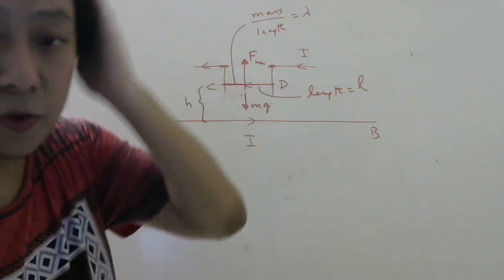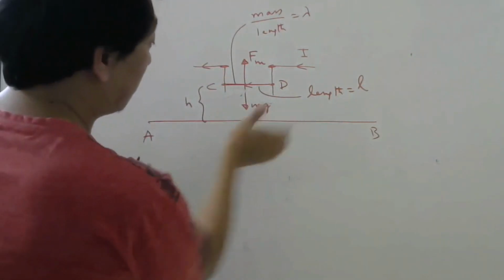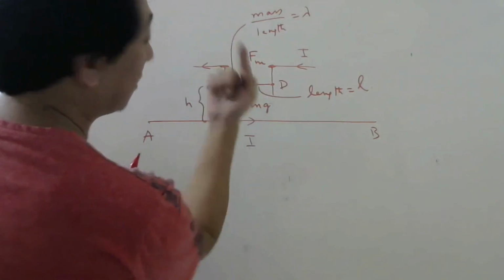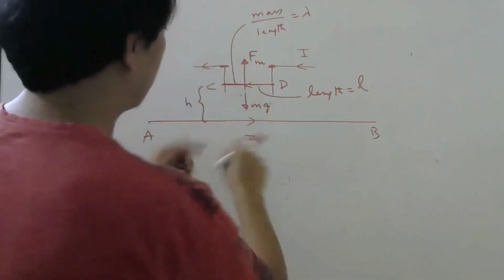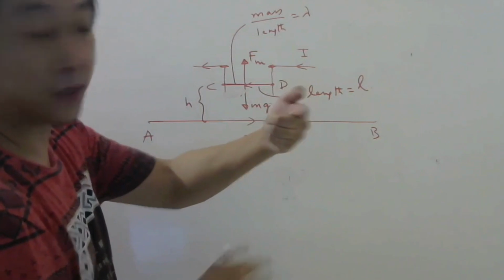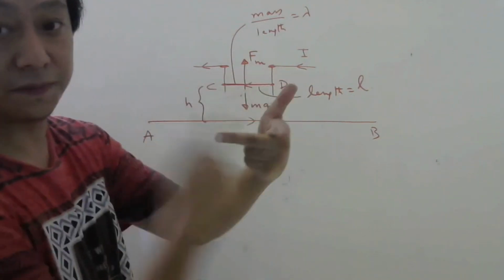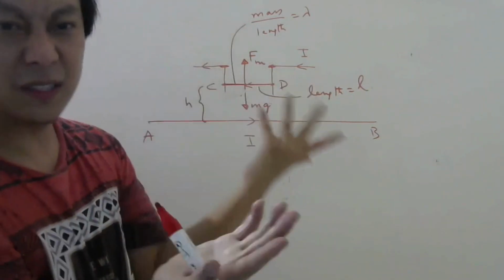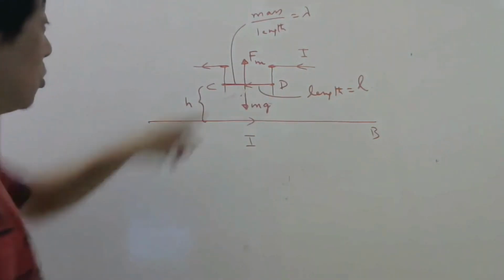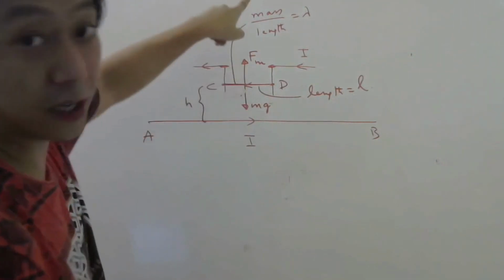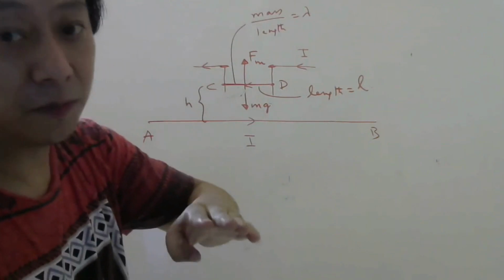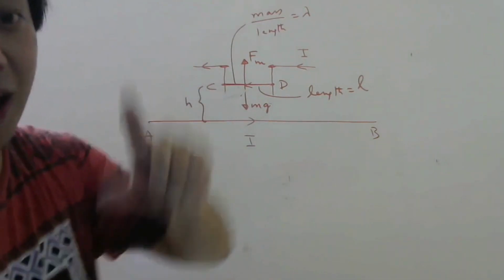Yes or no? You can check the direction. This will produce this kind of magnetic field, outward. So magnetic field is outward, current is going this side, so force will be up. You can check this immediately. So this part is feeling magnetic force upward. In equilibrium, what is the height up to which it will rise, they are asking.